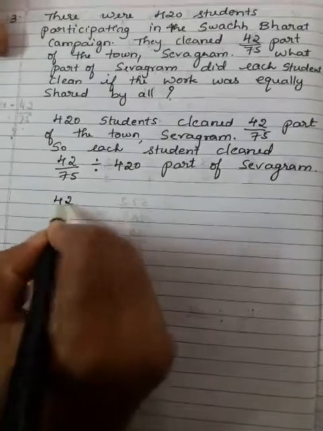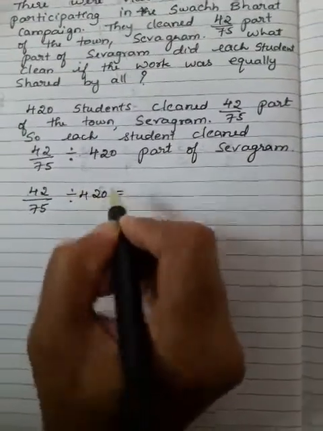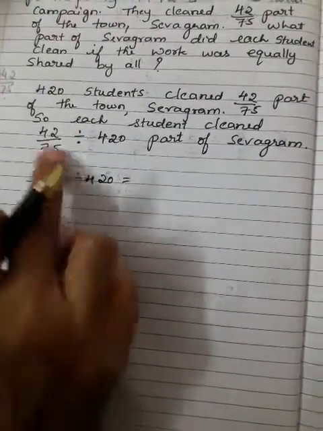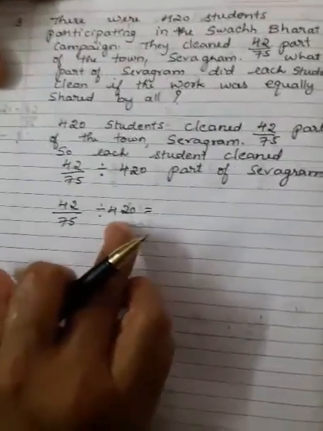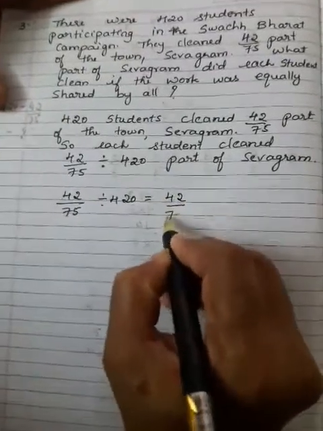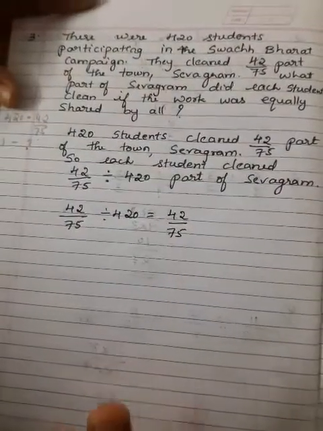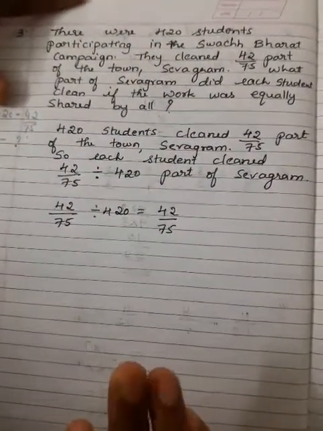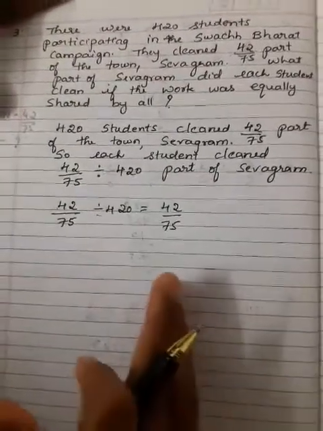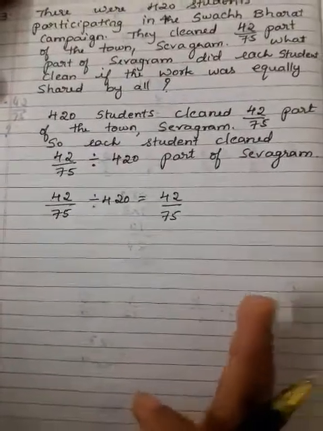So we will find out the answer. 42 upon 75 divided by 420 is equal to, so dividing one fraction by another is the same as multiplying the first fraction by the reciprocal of the other. Correct? So how to divide here? Always see, students, when division is given, write the first fraction as it is, then instead of the division sign write multiplication, then write the reciprocal of the second fraction or number.